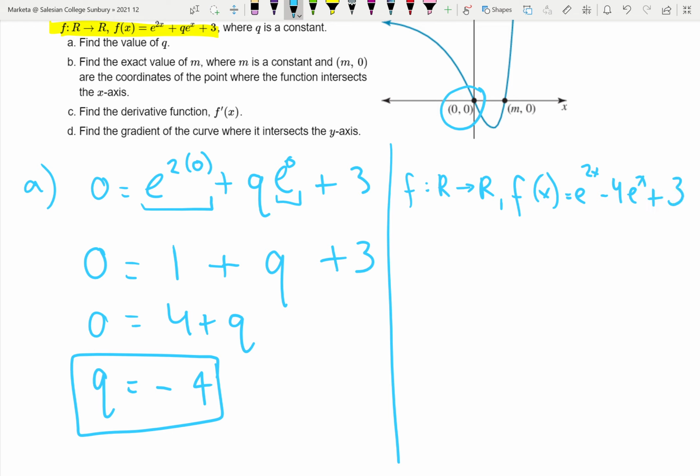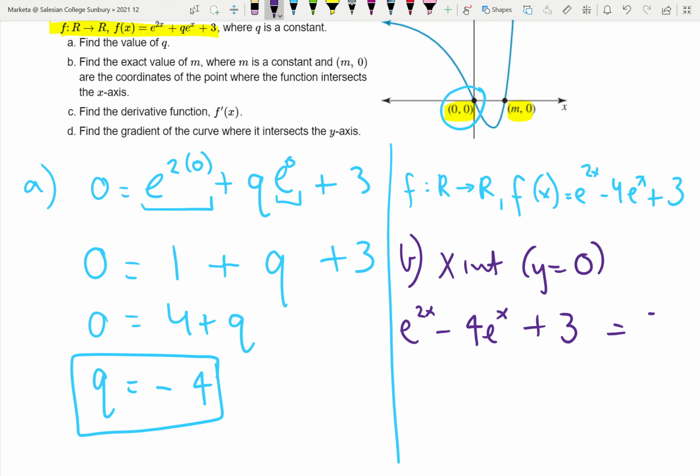Now it asks us to find the exact value of m, where m is a constant and (m, 0) are the coordinates of the point where the function intersects the x-axis. We can see there are two x-intercepts, one when x is 0 and one when it's m. The x-intercept is when y = 0, so e^(2x) - 4e^x + 3 = 0.